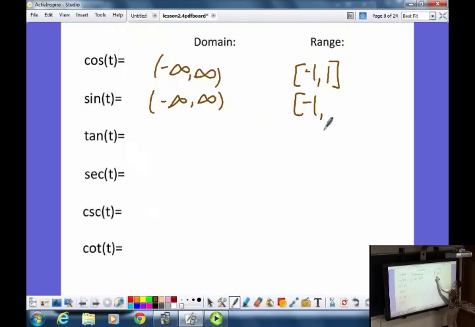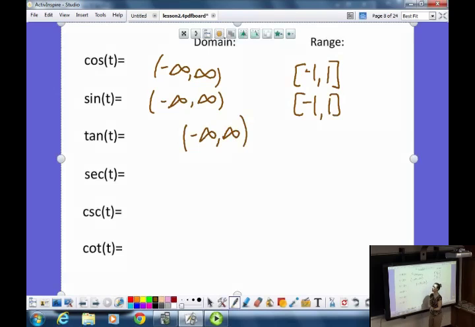So our range is the same, negative 1 to 1, included on both sides. And so this is the whole range, between negative 1 and positive 1. What about tangent? What do you think that domain is? Negative infinity to infinity. But let's look at the ratio identity for tangent.